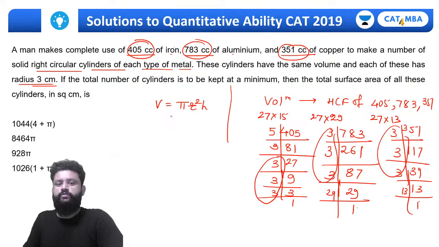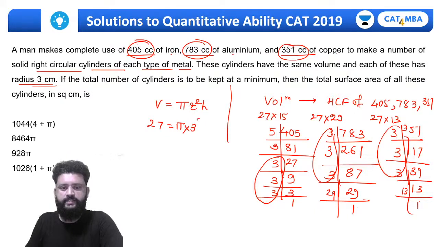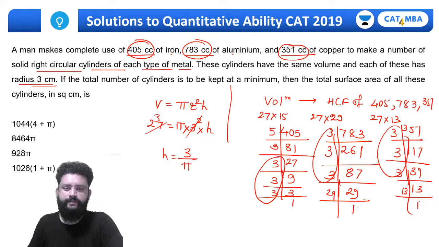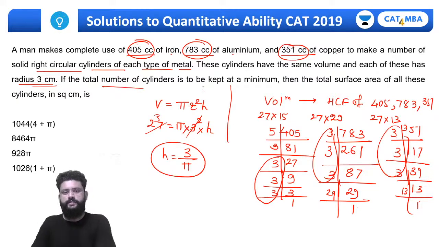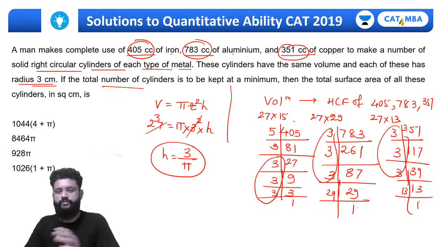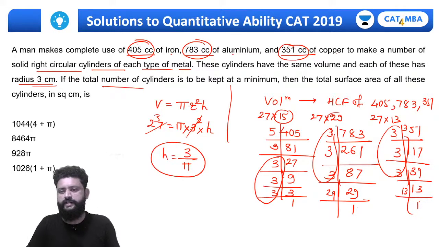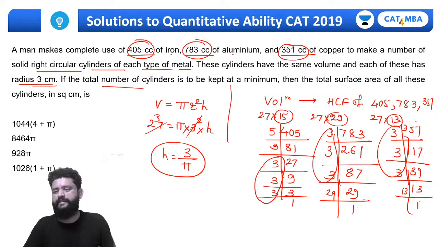That simply means the volume of this cylinder must be 27. 27 is equal to pi into r square, which is 3 square, into h. The square is 9 into h. So height is 3 divided by pi. Okay, and we are supposed to calculate the total number of cylinders to be kept at the minimum. Then okay, so these are the minimum number of cylinders because we have taken the HCF.